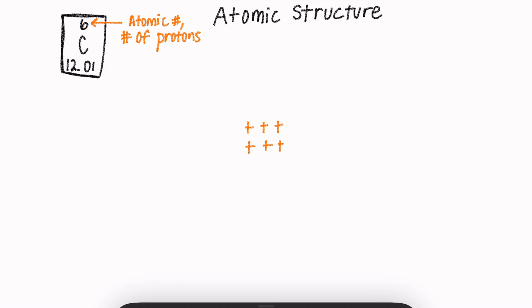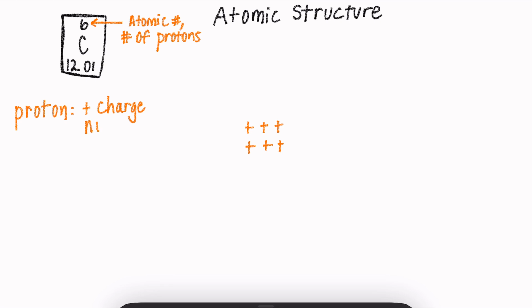If it had 5 protons, it would be boron. And if it had 7 protons, then it would be nitrogen. So the number of protons is what determines the identity. And you're always going to know that a proton is going to have a plus charge. So it is not neutral.